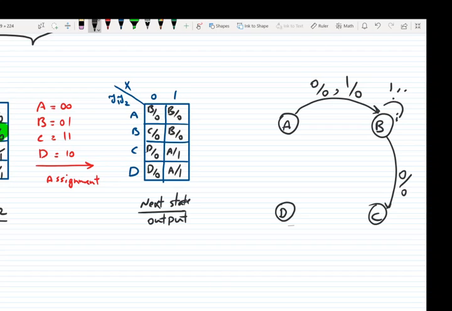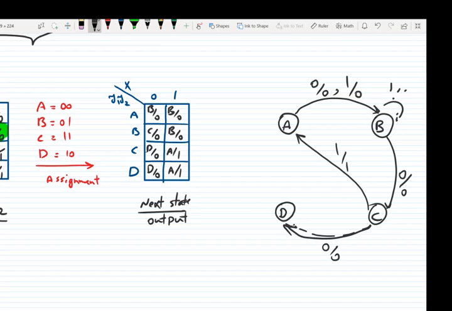If we are in state C, input is 0, we move to state D and the output is 0. If we are in C and input is 1, we move to state A and the output is 1.